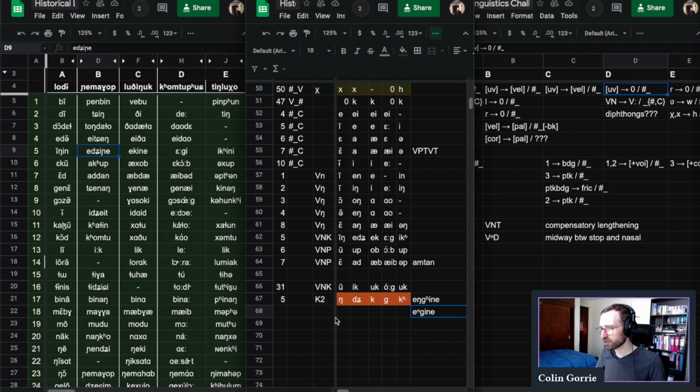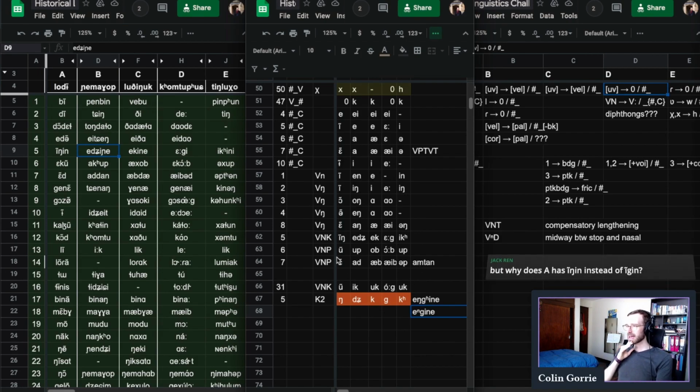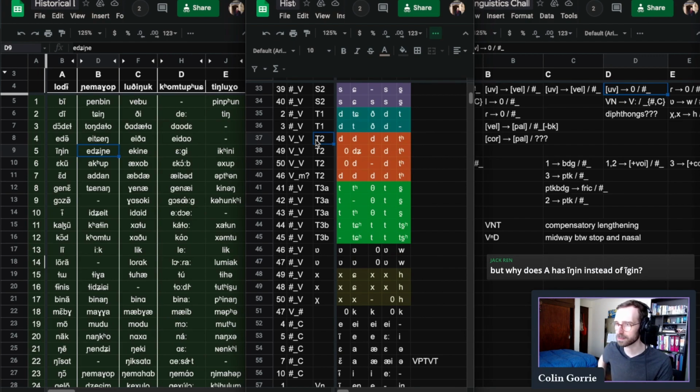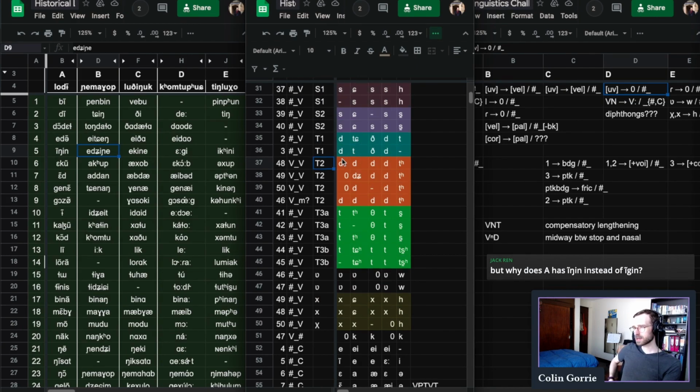Let's see if we can gather more data. Let's look at the other twos. These are all word initial. So if they are prenasalized, well, you would expect some of them to show it.